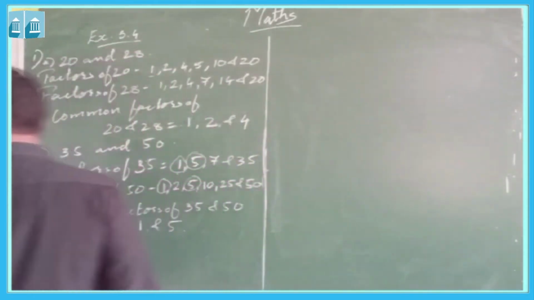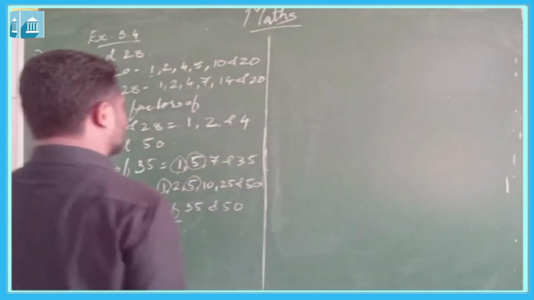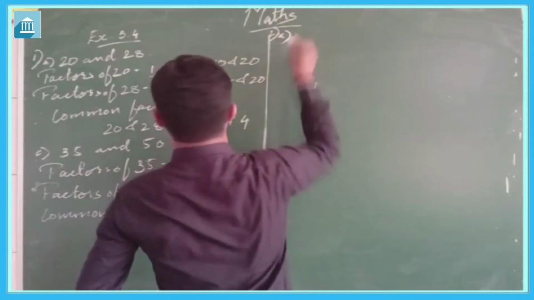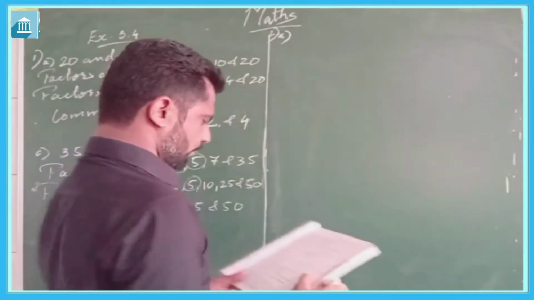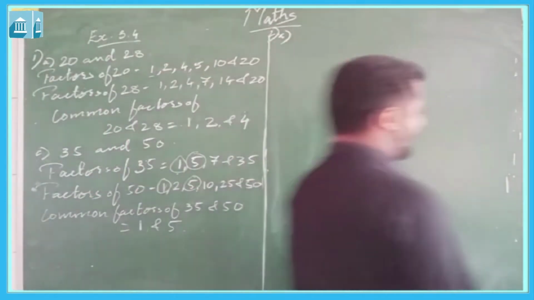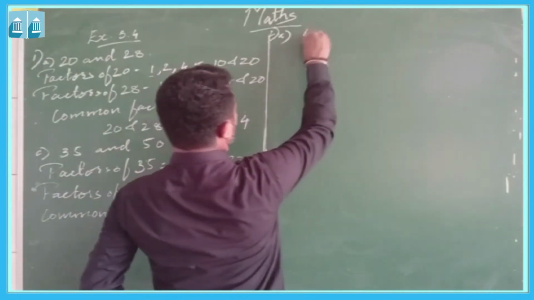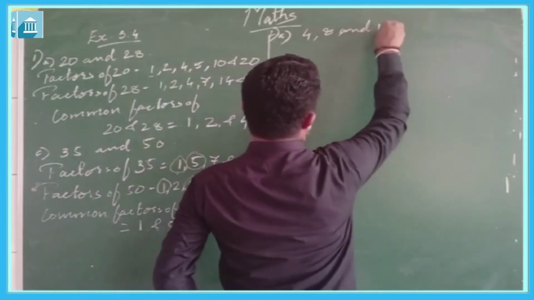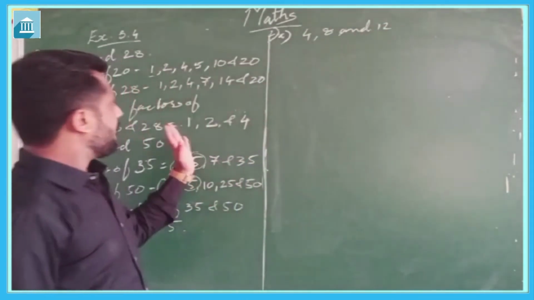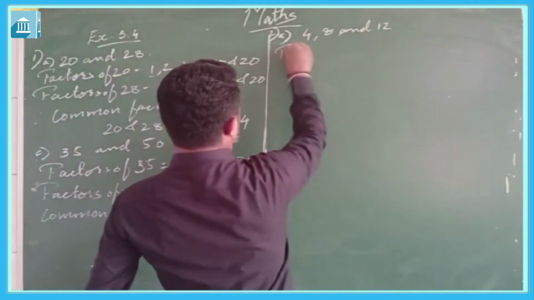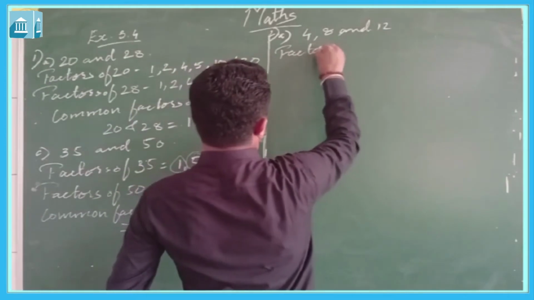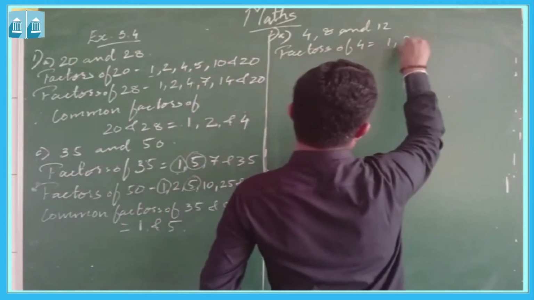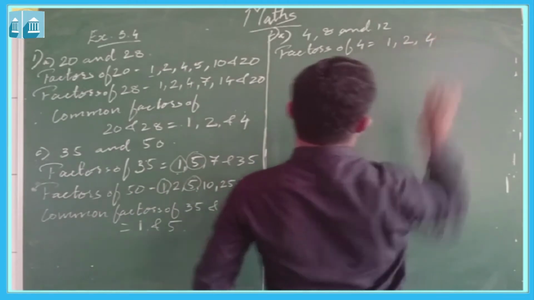Question number 2 is find the common factors of 4, 8 and 12. As we have done here, factors of 4 are 1, 2 and 4.